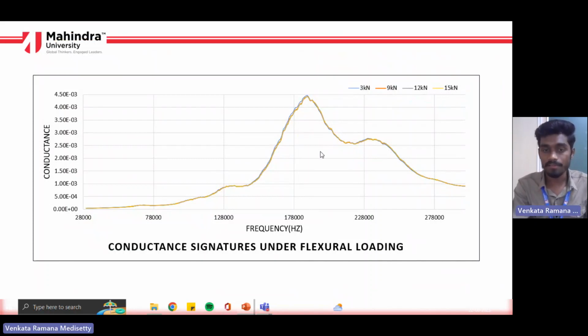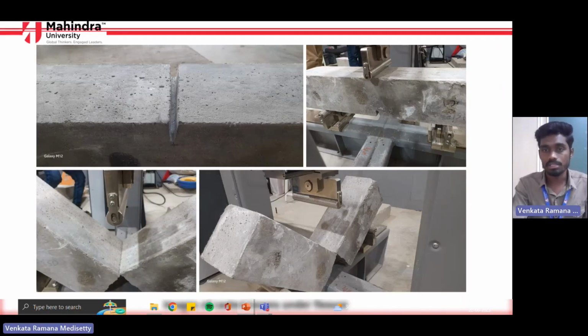How the beam behaves is sensed by the piezo sensor serially at these intervals. This is the conductance signature, which is a plot of frequency and conductance, and then a few images at the flexural load equipment.